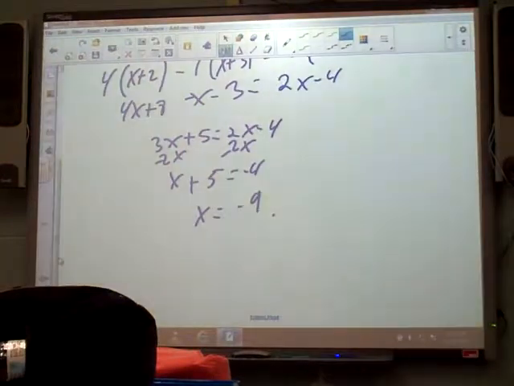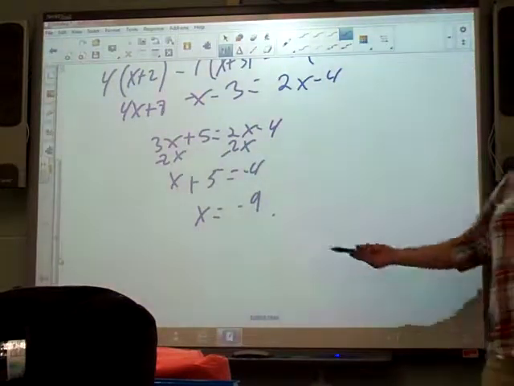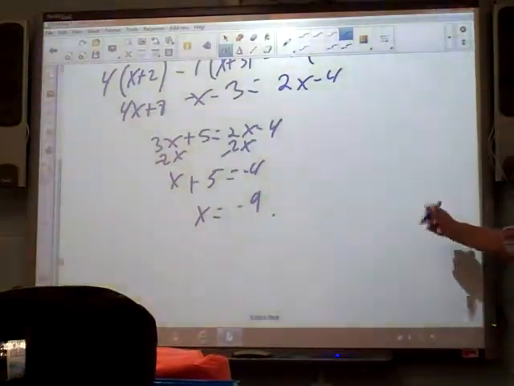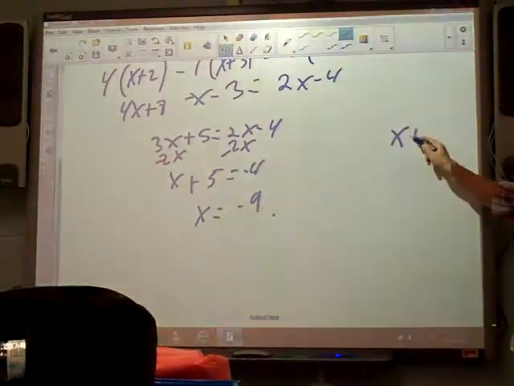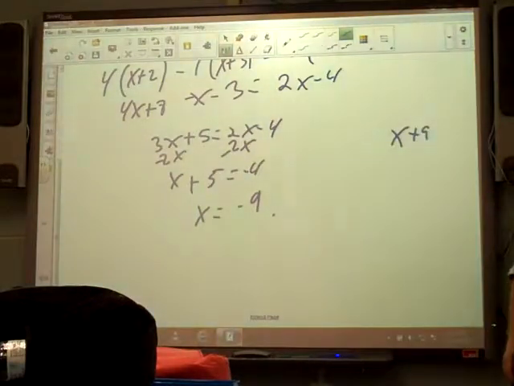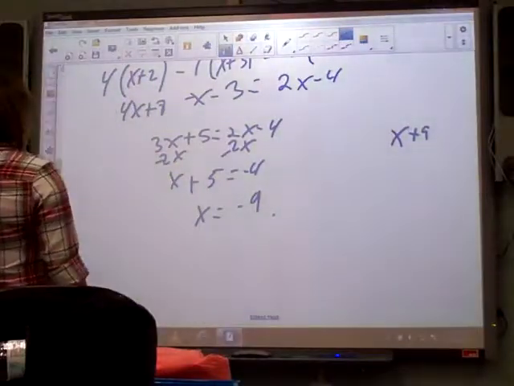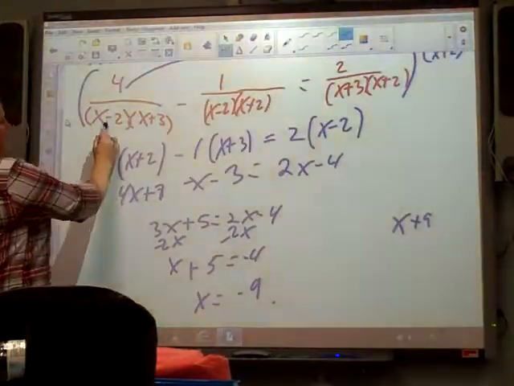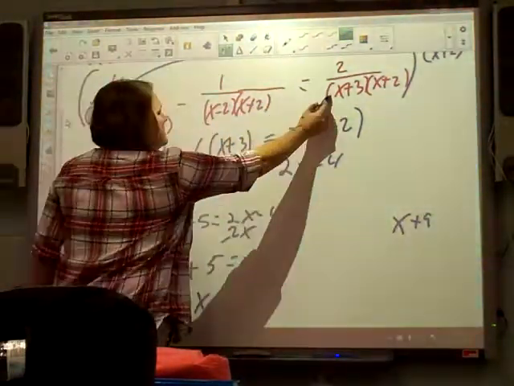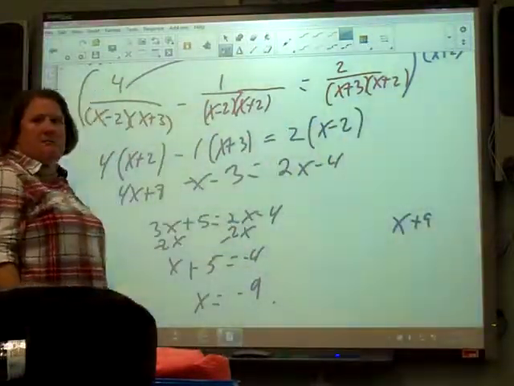Alright, now remember we did all that work on the previous problem and then it made our denominator 0, so it was no good. So if I got a negative 9, what would make my denominator be a 0 is if I had one that said x plus 9, right? Right. So do we have one, an original that said x plus 9? No. There's no x plus 9s, right?